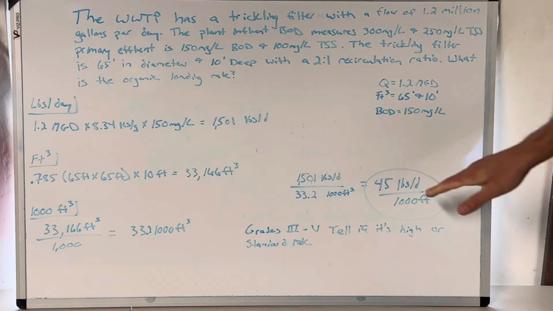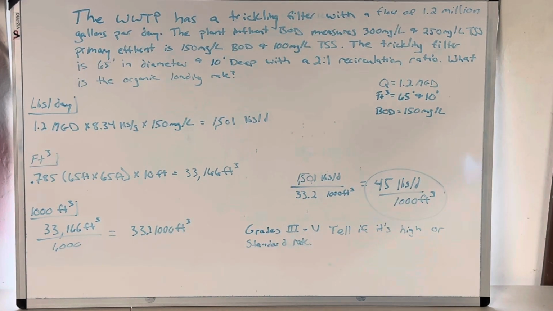Okay. Another thing they might say is, okay, grades 3 through 5, congratulations, you got that answer correct. But this is a standard rate trickling filter by design. It is not a high rate trickling filter. What do you do? And you're going to have multiple choices.